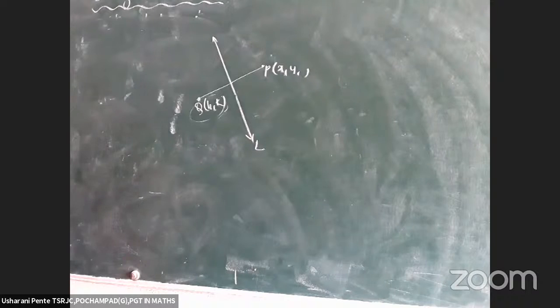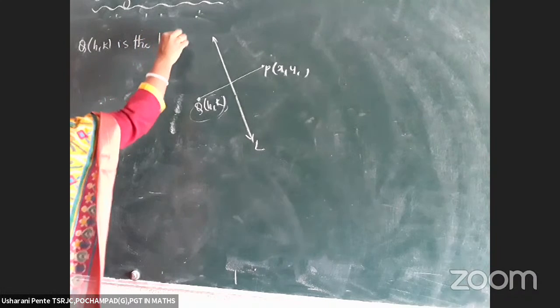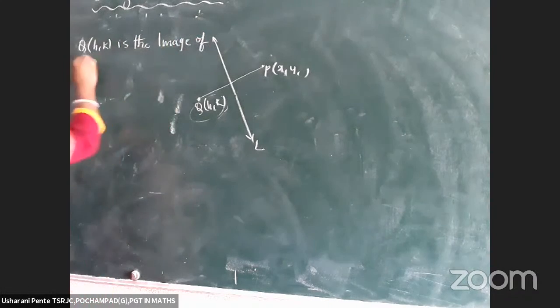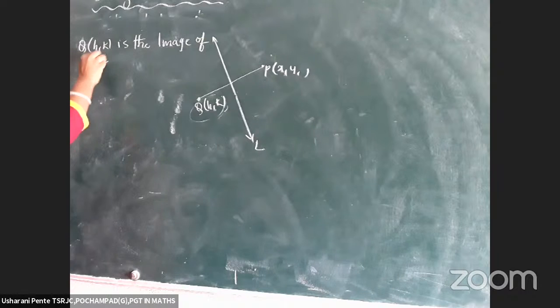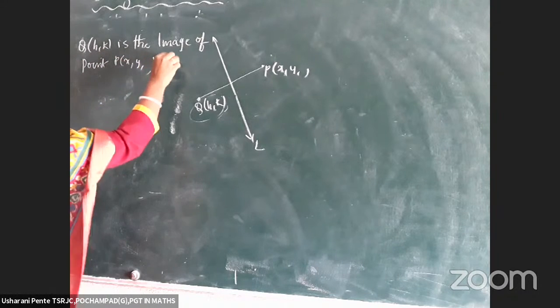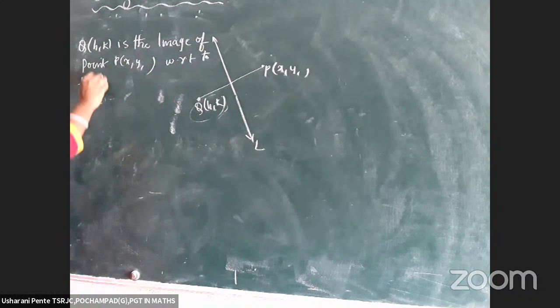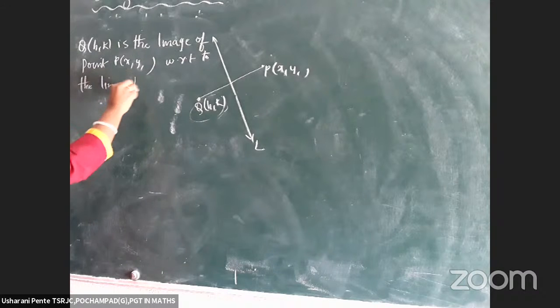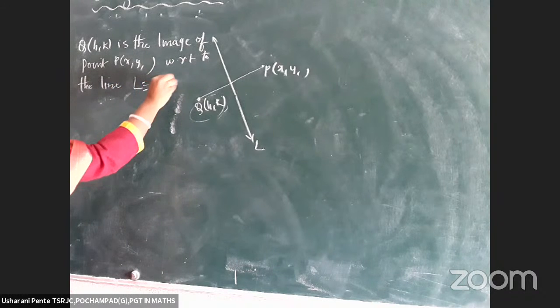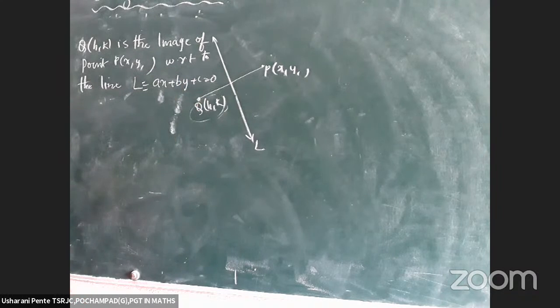Q(h, k) is the image of the point P(x1, y1) with respect to the line ax plus by plus c is equal to 0.